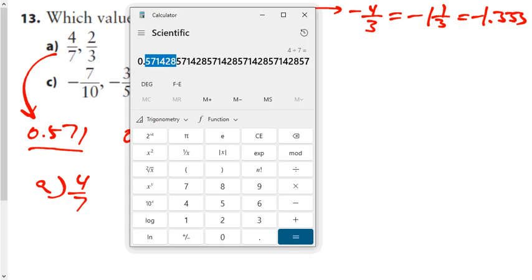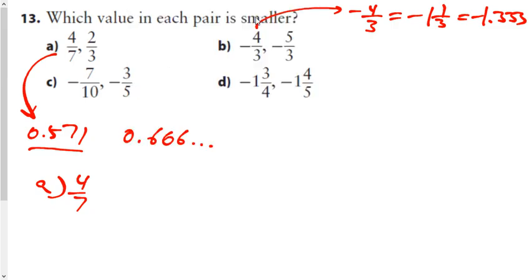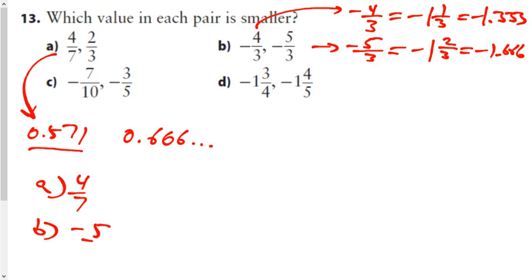For those of you who are not quite as adept, you just did 4 divided by 3, and you grab the same number, right? Same thing with 5/3. Some of you probably reached for your calculator, just did 5 divided by 3 right away, right? But I know that negative 5/3 is negative 1 2/3, which is negative 1.6 repeated, okay? And since we're dealing with the smaller number, when they're negative, they're farthest from 0. Therefore, our smallest number for B is negative 5/3, farthest from 0.